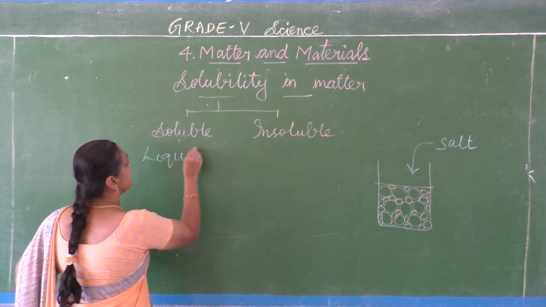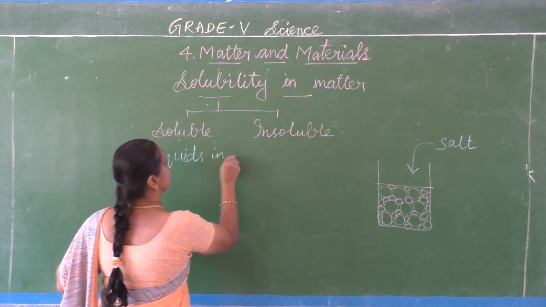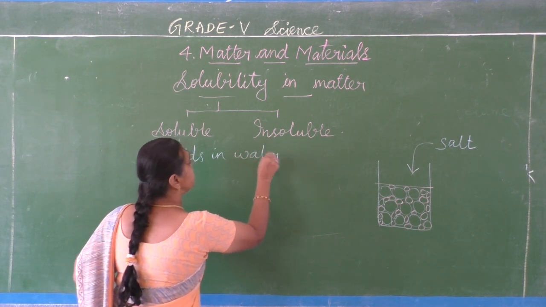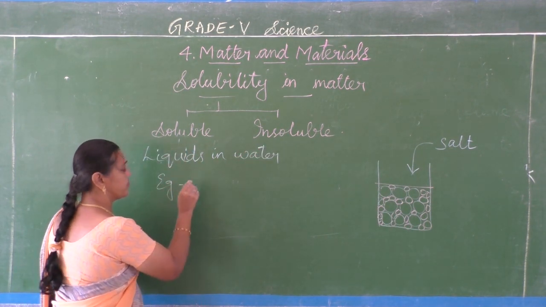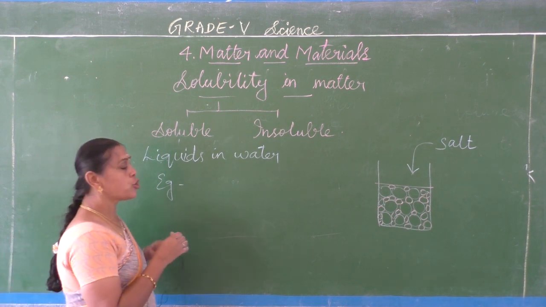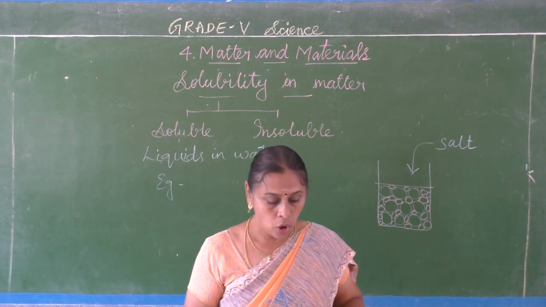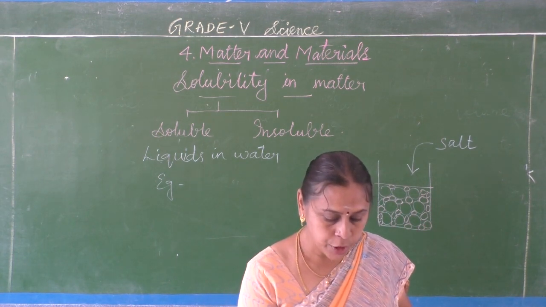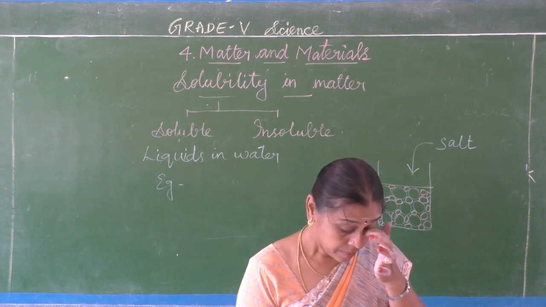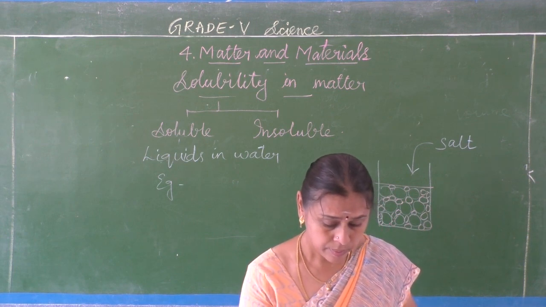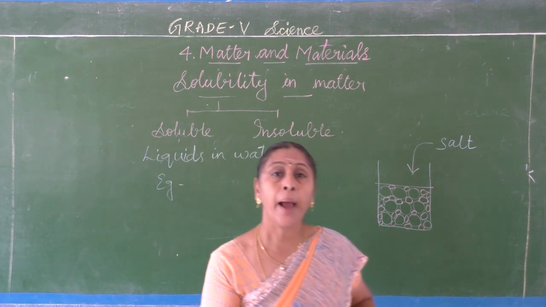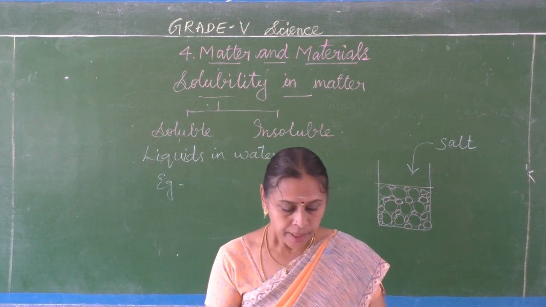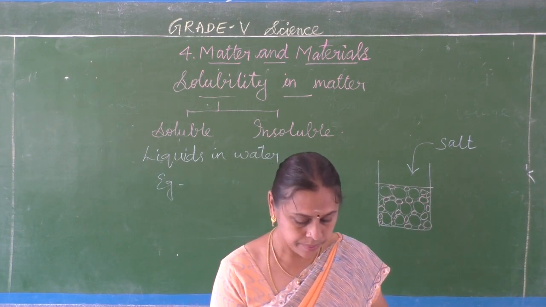For example, let us take two liquids. They get dissolved and they appear as one liquid. Okay, they are miscible liquids.